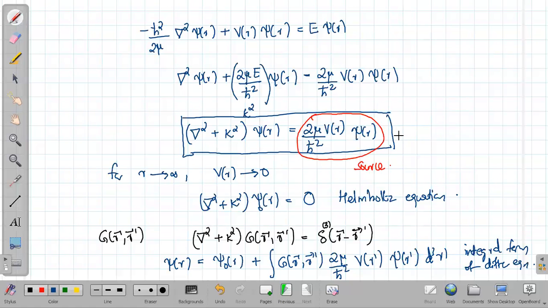For the time being, let this be equation number 1, and this is equation number 2, equation number 3, and equation number 4. So if you substitute equation number 4 into equation number 1, what will you get? You can check whether it is correct or not. You substitute psi of r from equation number 4 in the left side of equation number 1, and you will get the RHS. So I think better I will do that.